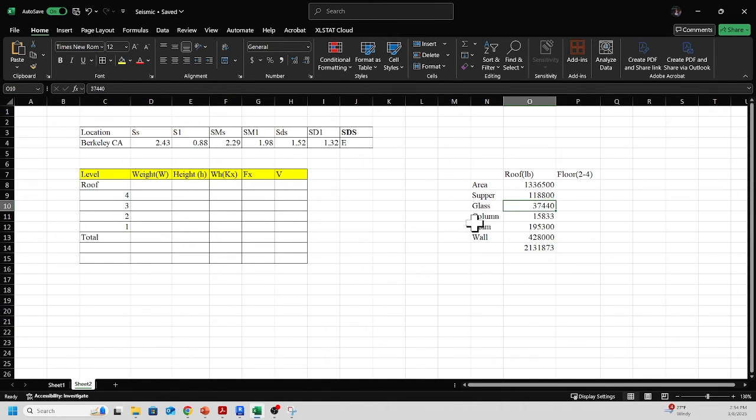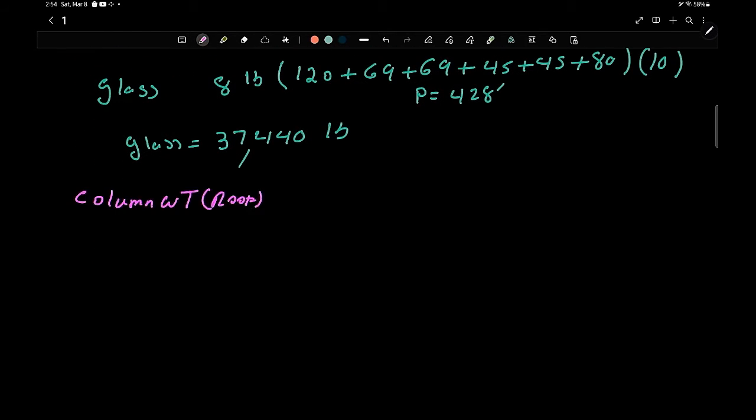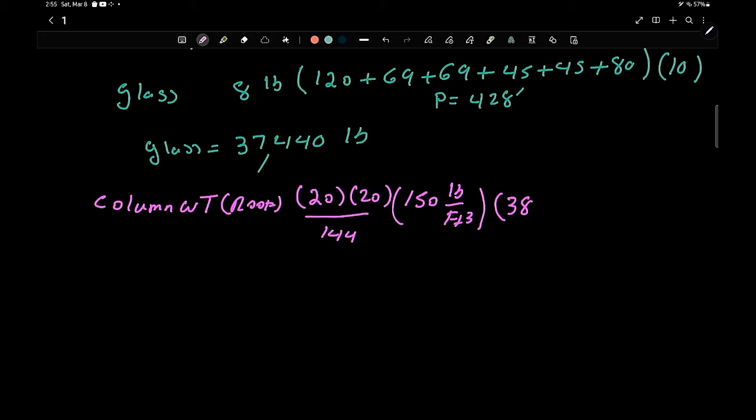Next, we're going to calculate the column weight, beam weight, and the wall. Everything we've got to calculate. Let's go to the column. Let's change color for the column. We said the column is 20 inch by 20, so 20 by 20 divided by 144, times 150 pounds per cubic foot, and there were 38 columns.